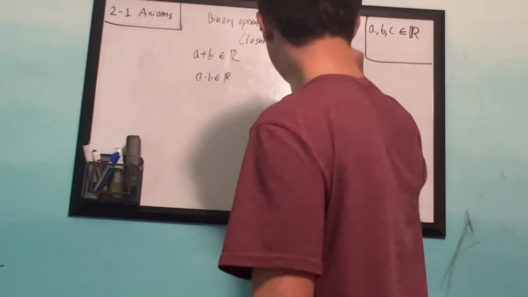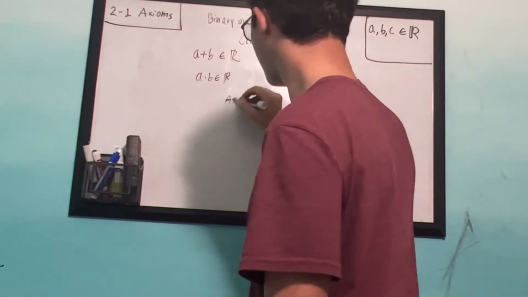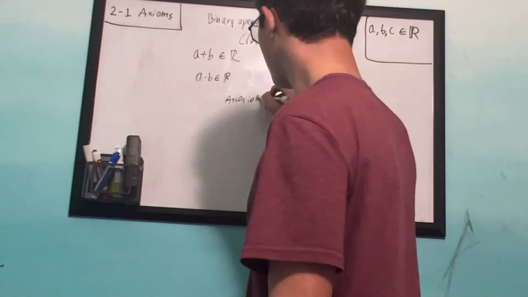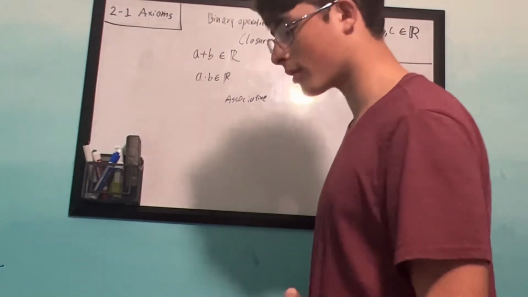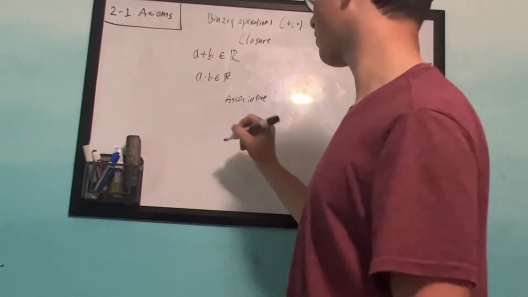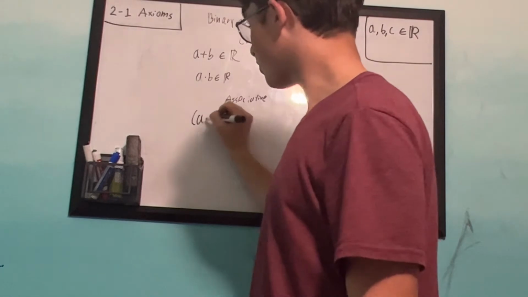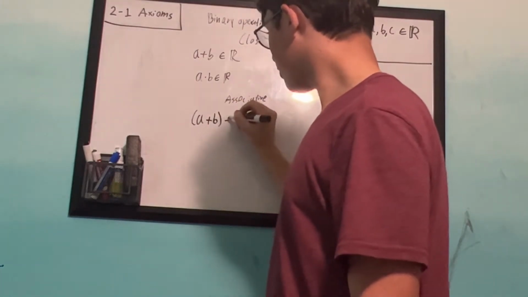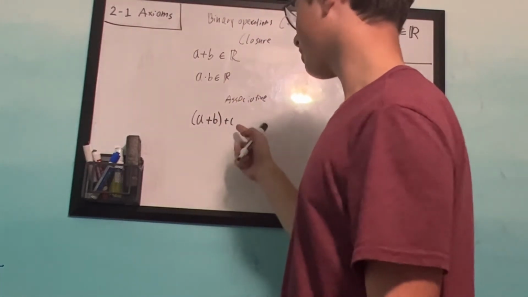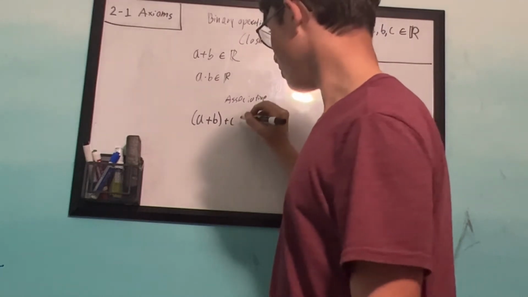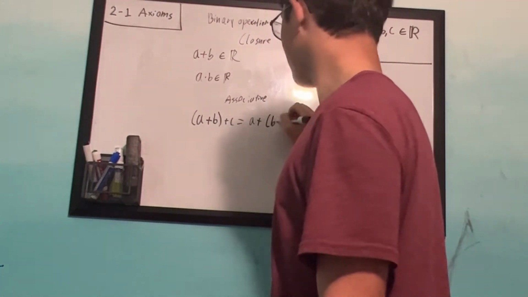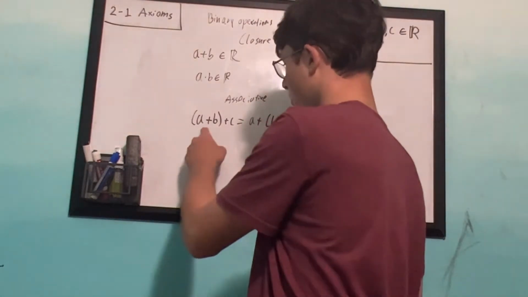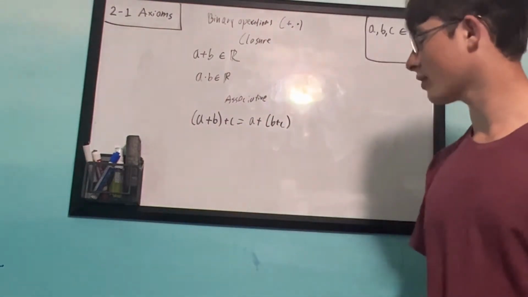Then you have the associative, which has to do with how you order your operations, but if you only have the one operation. And so it doesn't matter if you have your A plus B in the parentheses, then your C on the outside, or if you have your A outside the parentheses and your B and C inside of it, as long as there's plus and plus, then they're equal.